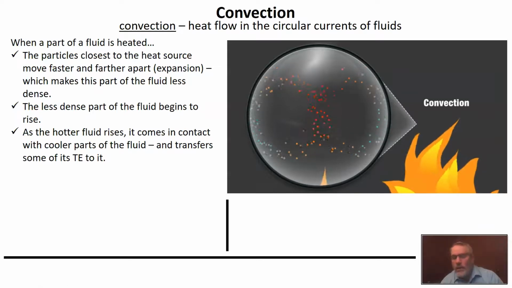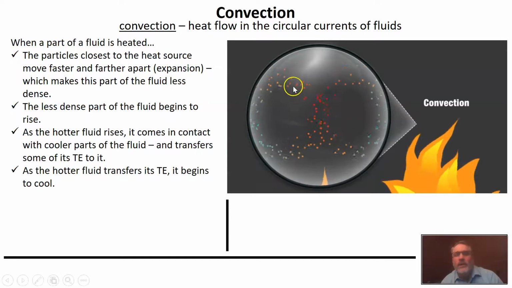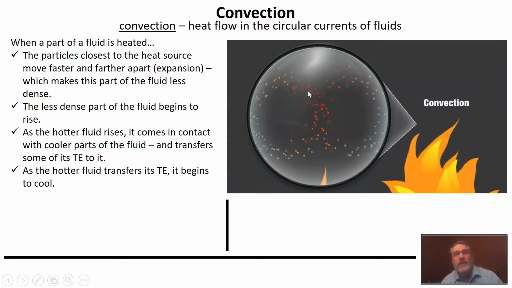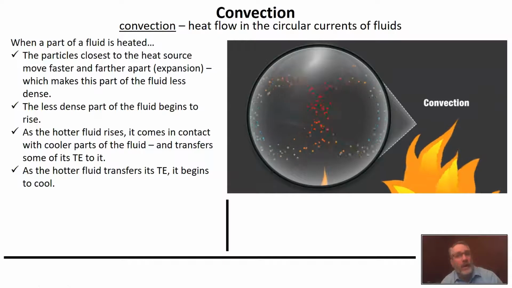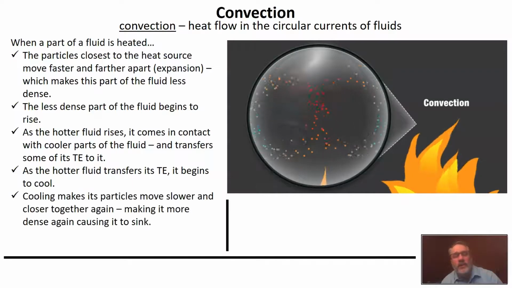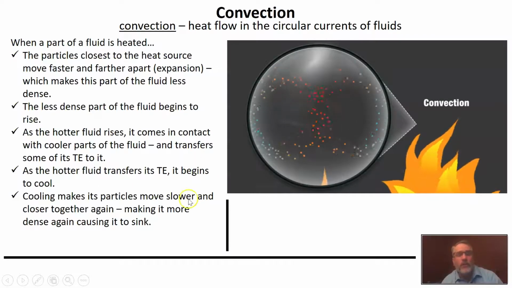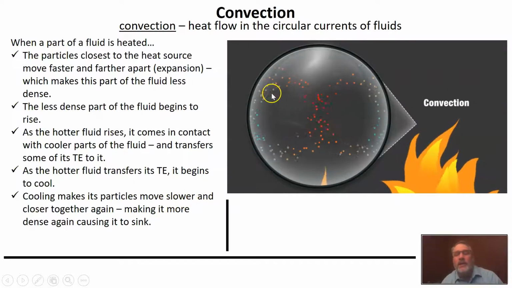And so when the energy transfer begins, that means that hotter fluid is going to begin to cool down. If we have a fluid cooling down, that means those particles in that fluid are going to begin to contract, right? They're going to be able to move closer together. And remember, that's going to make it more dense. More dense things tend to sink. So these cooling particles, now that they're moving slower and closer together, are going to begin to sink again. And this is what's going to create convection.